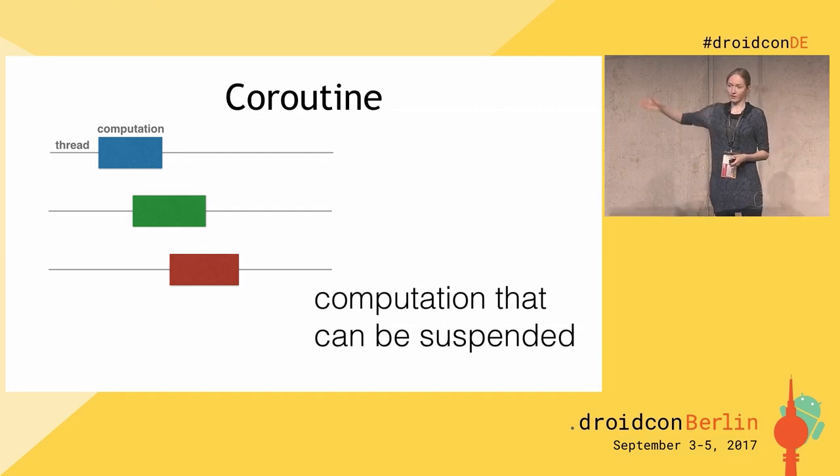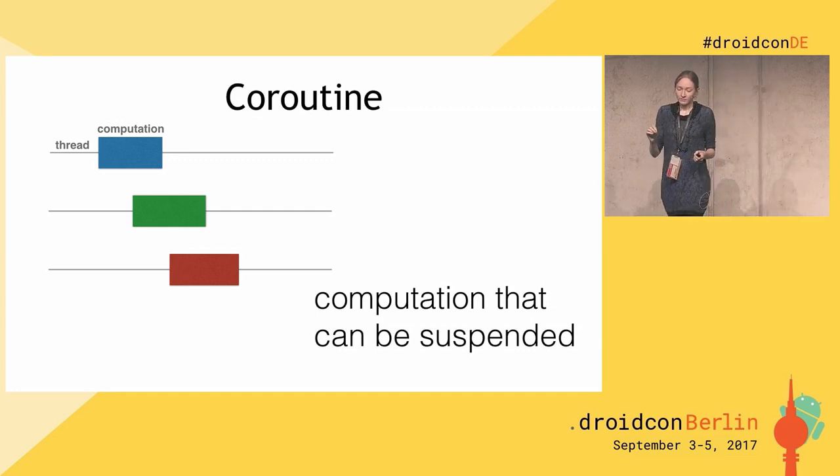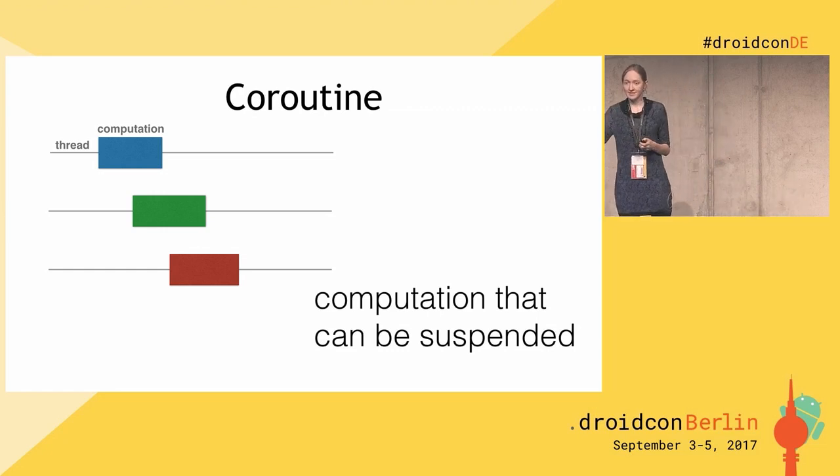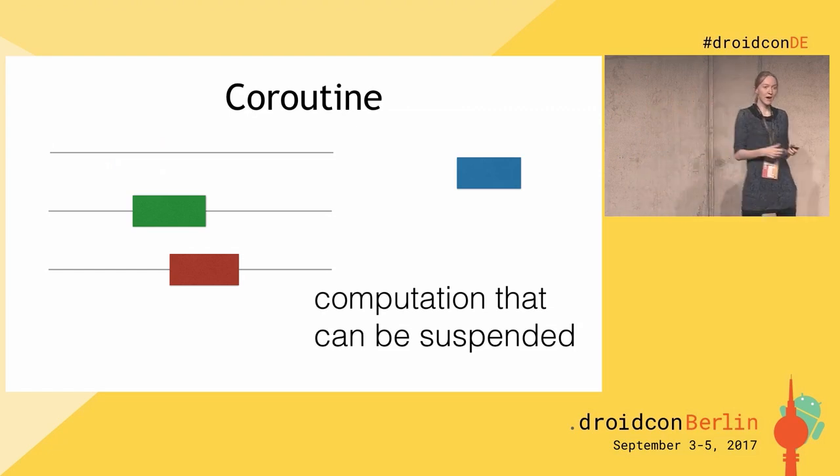I will use the following notation during this presentation. I will use a line to draw a thread, like here, and a block to draw a general computation. That can be a coroutine or something else. And a coroutine is a computation that can be suspended. So somehow we can take these coroutines and put them away from our threads.